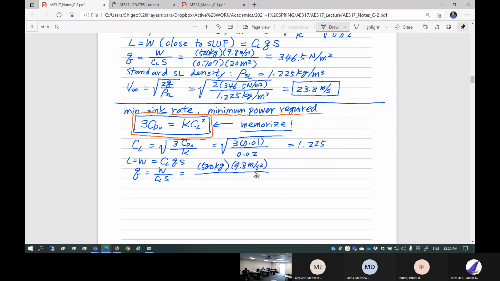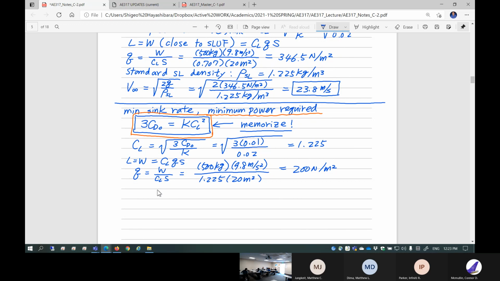Why do you need to give me mass? Why don't you give me weight? But anyways, CL is 1.225. Wing area is 20 meters square. So this is going to give you 200 Newton per meter square. This is dynamic pressure for this minimum sink rate condition.